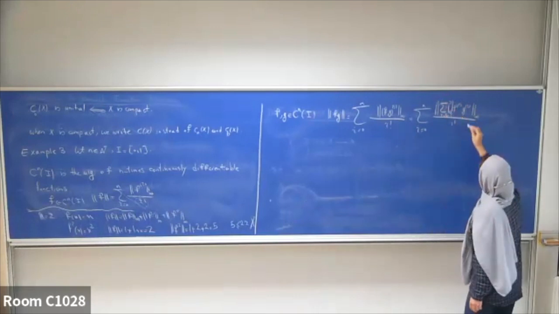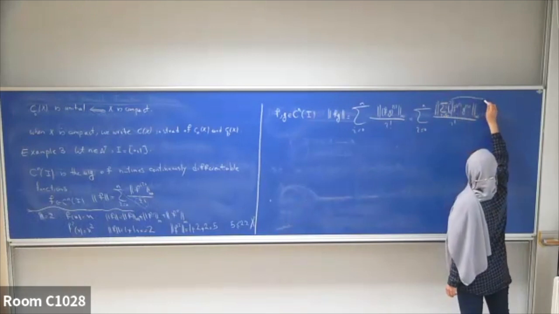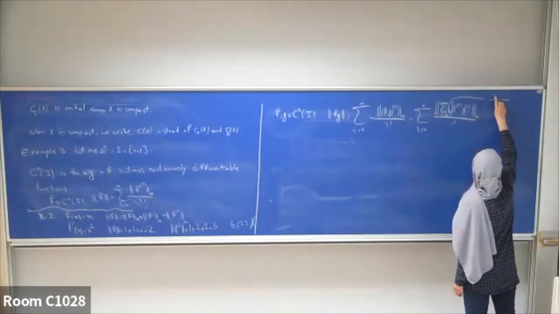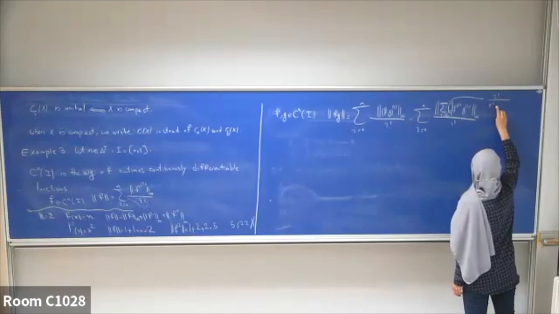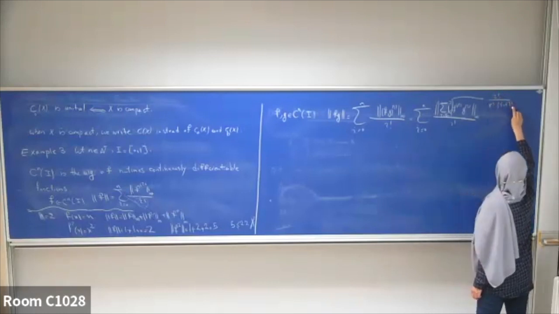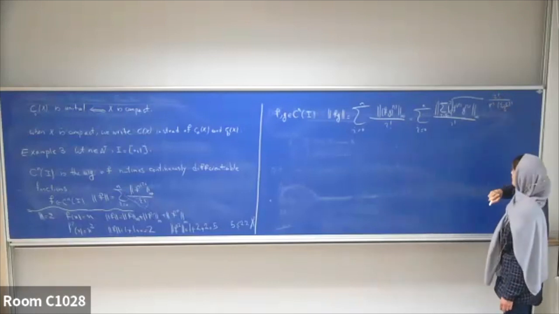Okay, according to the formula for n choose i, we have n factorial over i factorial times (n minus i) factorial, which is s factorial.